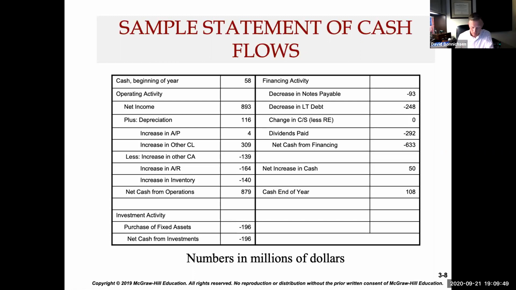Again, remember, accounts payable shows up in the liabilities side of the balance sheet, right? But why does accounts payable show up in operating activity and not over here in financing activity if it's on the liabilities side?